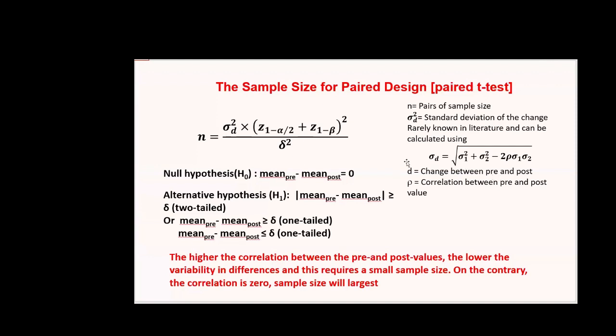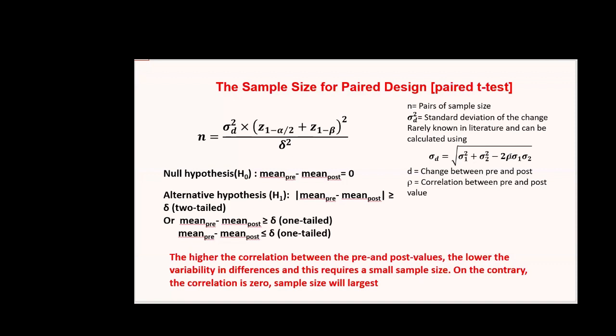There is a formula for calculating it on the basis of the pre-value standard deviation and post-value standard deviation: the standard deviation of before squared plus the standard deviation of after squared, minus 2 times the correlation between the pre-value and post-value.